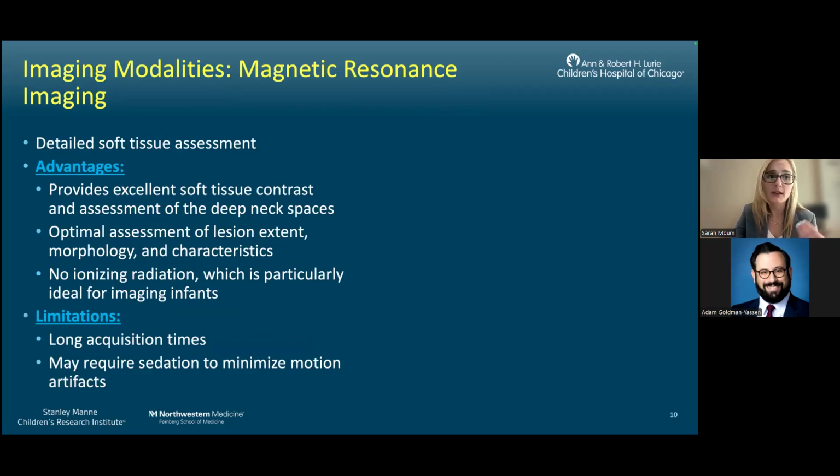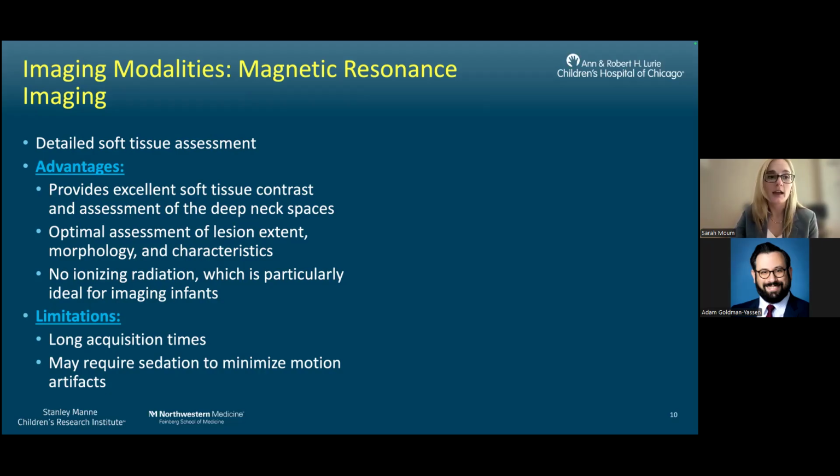So again, MRI is going to provide us improved soft tissue assessment, not only looking at the lesion itself, but also the adjacent soft tissues and involvement of adjacent soft tissues, and giving us a better look at those deep neck spaces. Again, we have multiple sequences to help with characterization that can improve our assessment of malignant potential, et cetera.